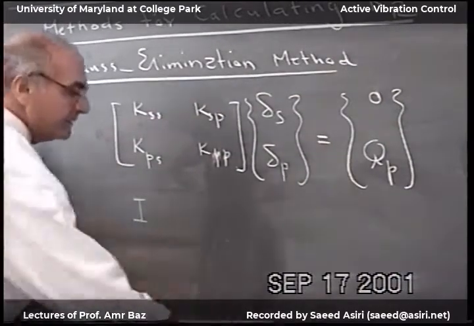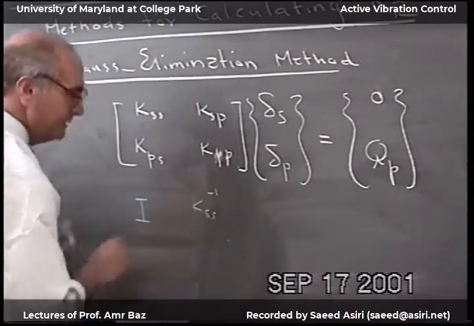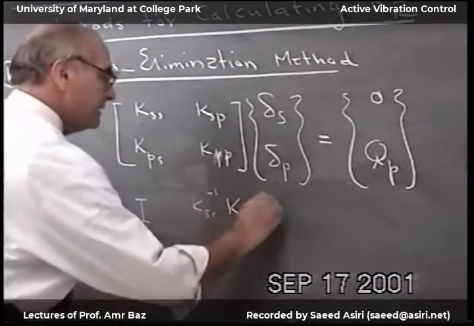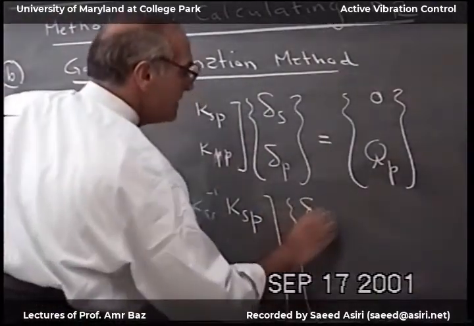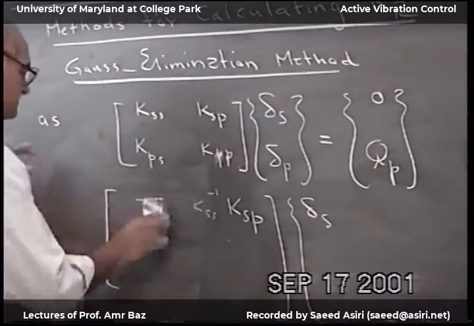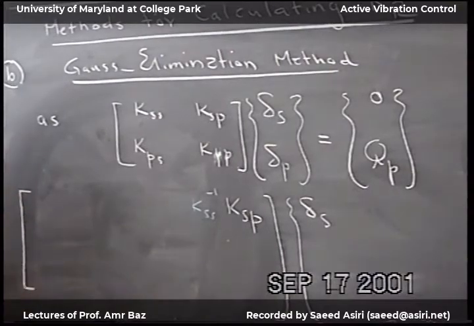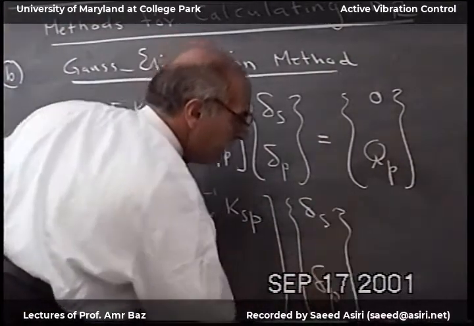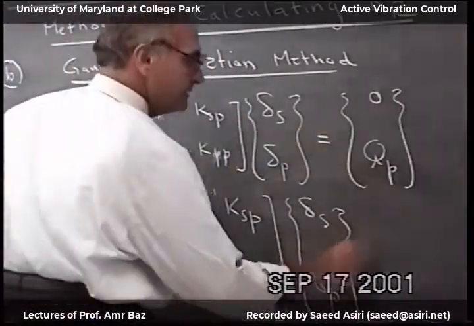So I'll have here KSS inverse, KSP, and then this stays as it is. And then when I multiply by the inverse, this is 0, stays 0 as it is.